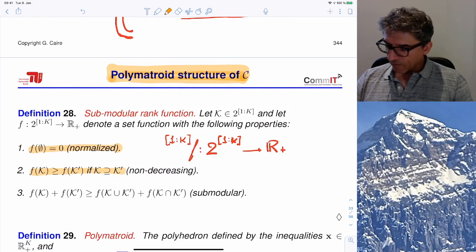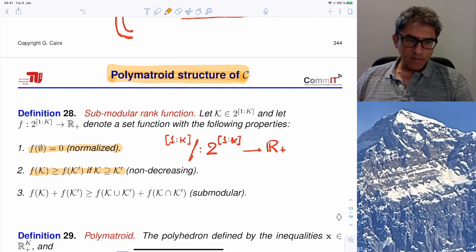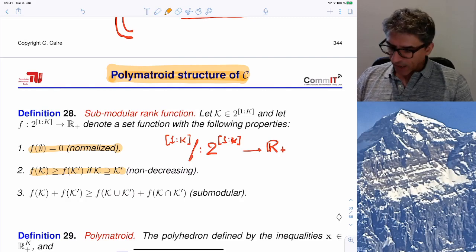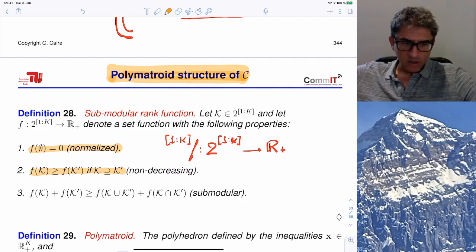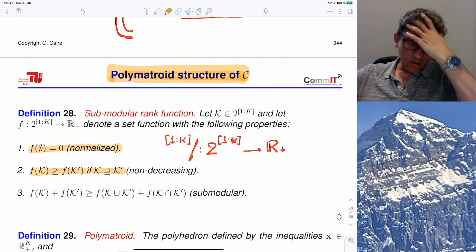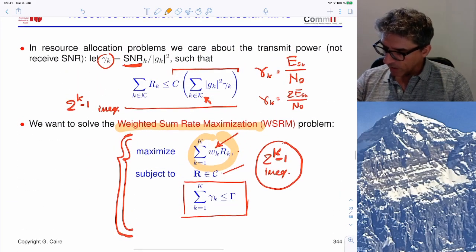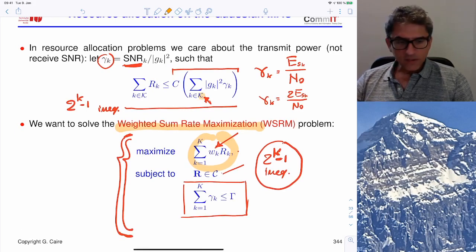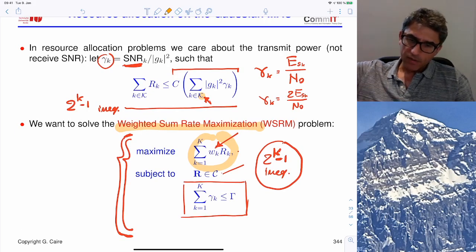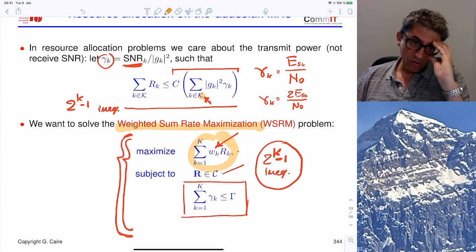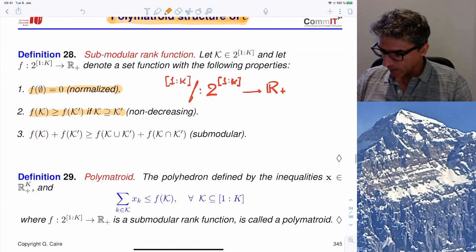If we have a set K that contains a set K prime, f of K is larger or equal than f of K prime. So if we enlarge the set, the function cannot decrease. And here this is obviously the case, because if we increase the set K, then we have more non-negative terms in this sum, so we have log of 1 plus something bigger. Logarithm is a monotonically increasing function, and therefore the function increases. So we are in this case.